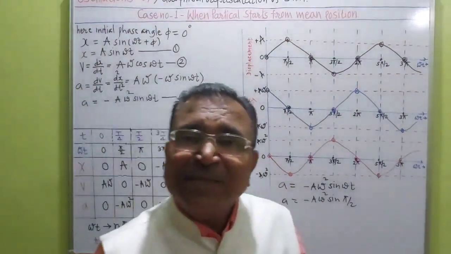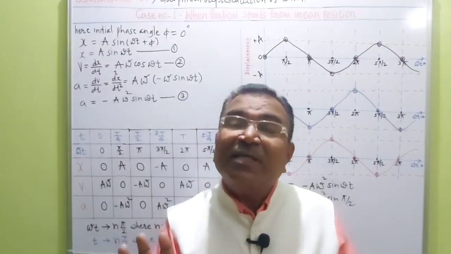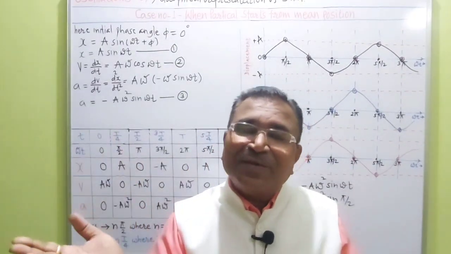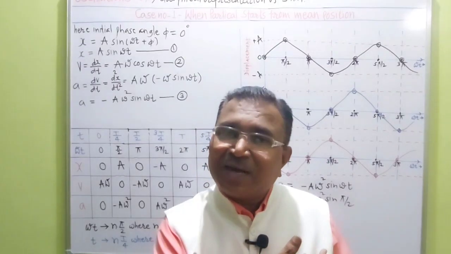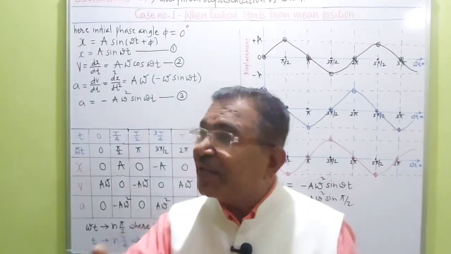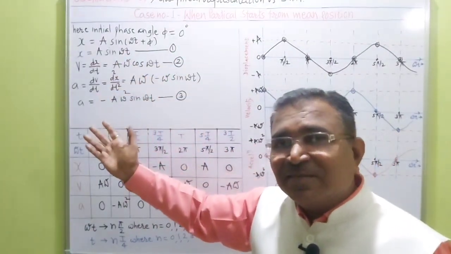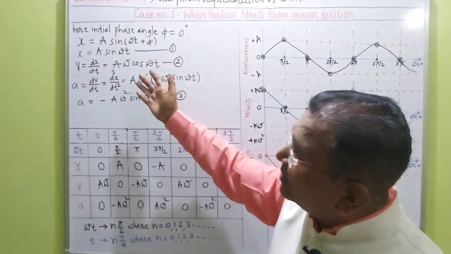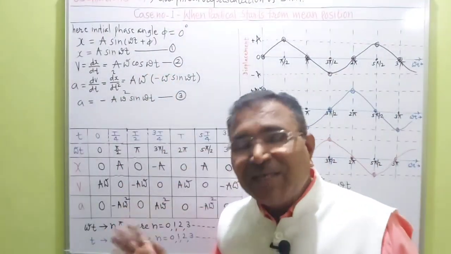So in this way, we have easily prepared the observation table comfortably, and from the observation table we have prepared the graph. We have prepared at first the equations of displacement, velocity and acceleration, and from those equations we have prepared the observation table.